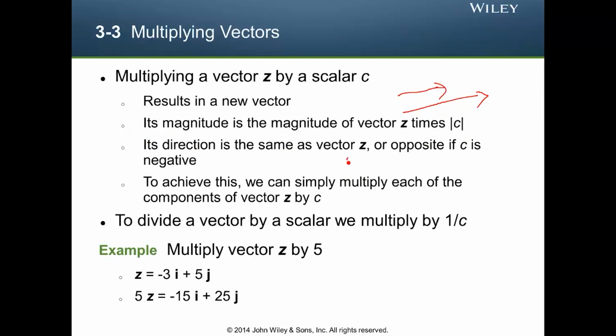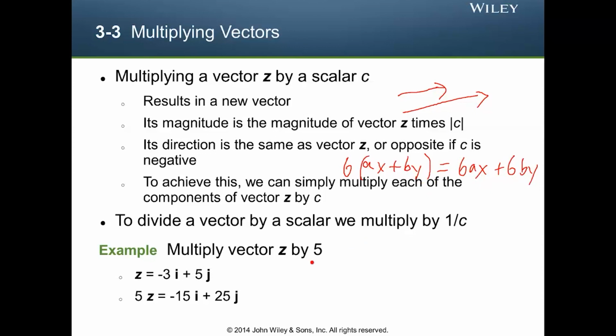Let's say the scalar is 6, and your vector is ax plus by. Then this is simply going to equal 6ax plus 6by. It's just extending each of these things, because if you only extend one, you're changing the information, and that's not what the scalar is doing. So you need to multiply each component by the same amount, so they all increase proportionally.